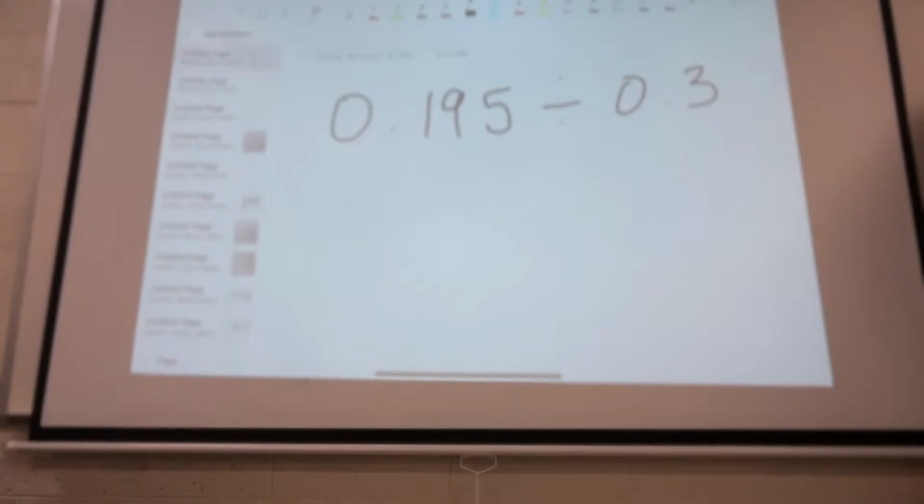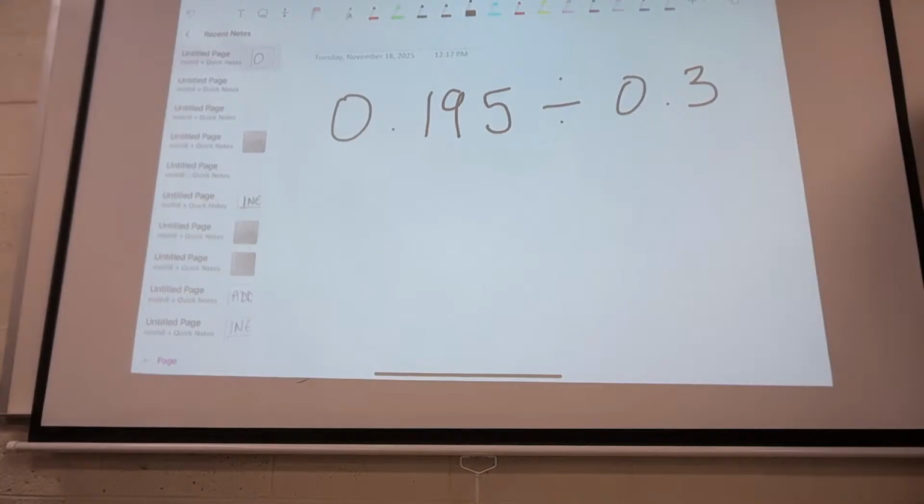First thing you're going to do, here we go, Quincy. Number one. First thing we're going to do is rewrite it as a regular division problem. So I'm going to have 0.3 on the outside, 0.195 on the inside.